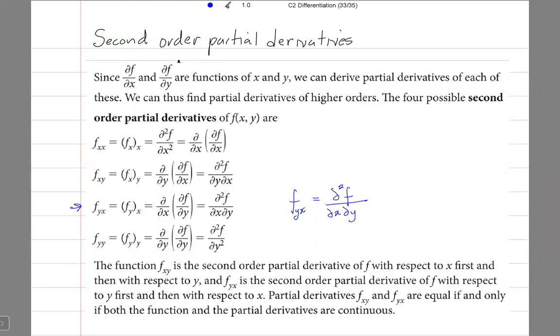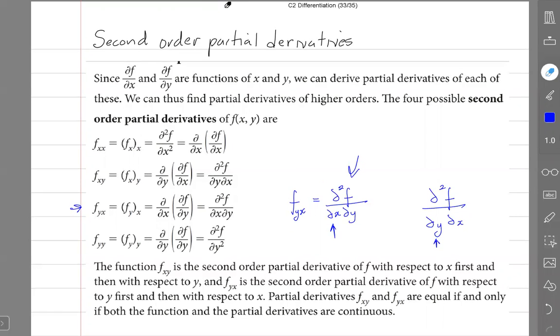Here I differentiate partially with respect to y first and then with respect to x. So whenever you see it in this form and you have the x first, it means you differentiate with respect to x last. And if you had the y first, it means you differentiate partially with respect to y last. So it's a case of the first shall be the last and the last shall be the first, I think. Anyway, let's have a look at it, please.